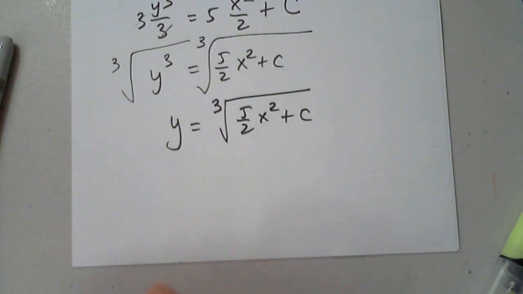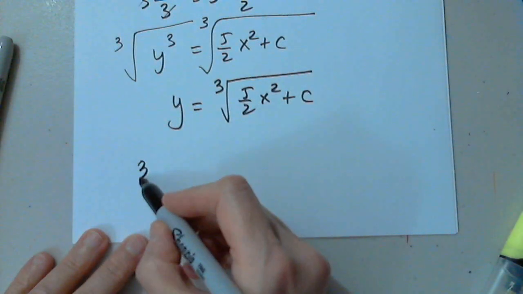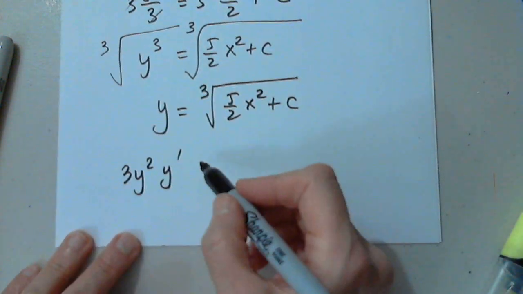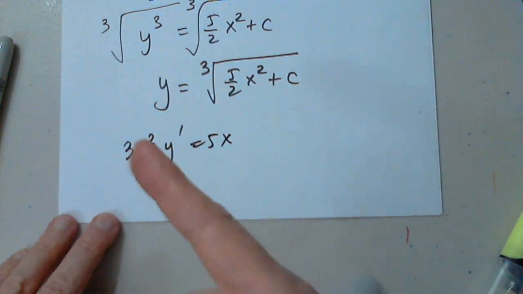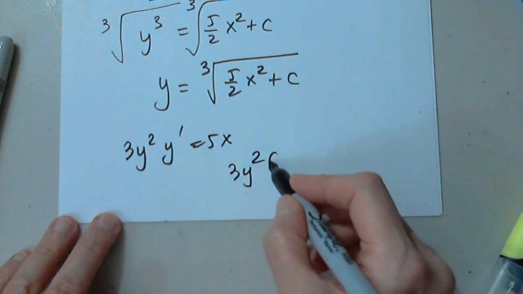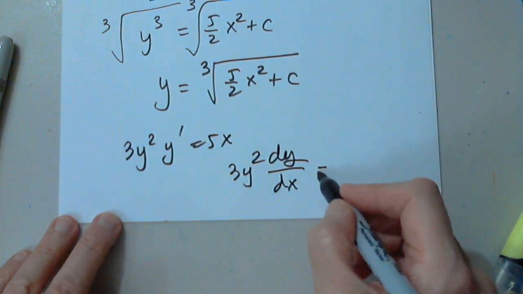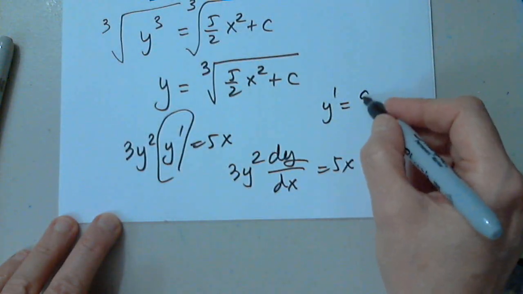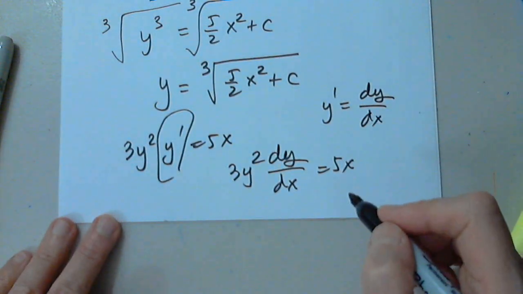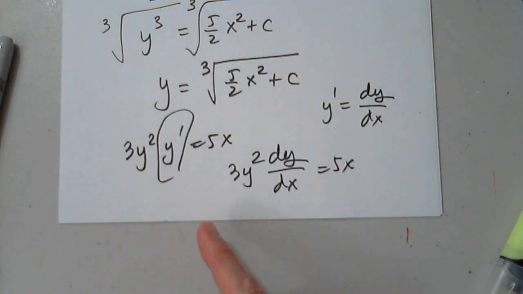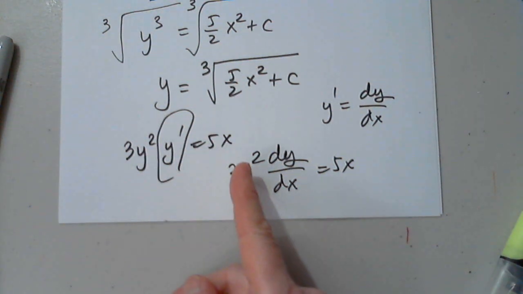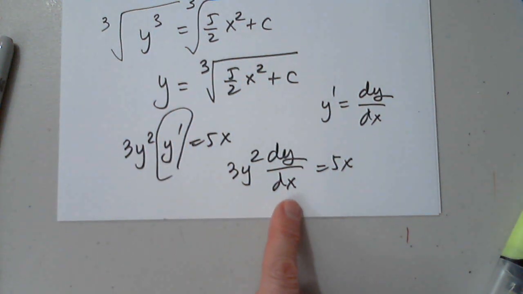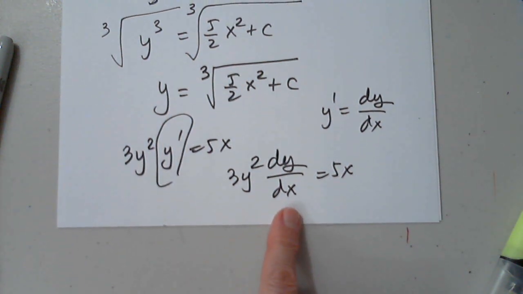Now, what if the problem is written like this? Because dy over dx is y prime, then I have to rewrite it. I know that y prime is always the same thing as dy over dx. So they may try to trick me and put y prime and say, solve a differential equation. Oh, wait a minute. Y prime has to be replaced by dy over dx first.